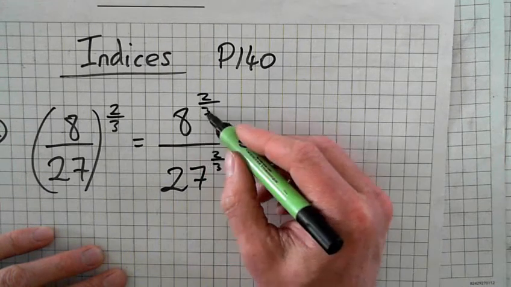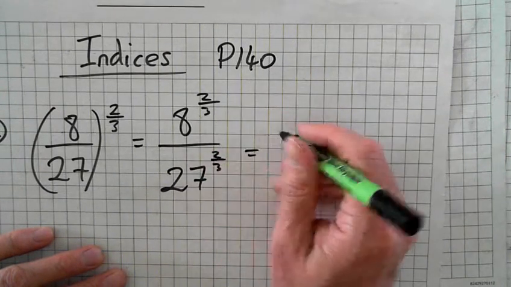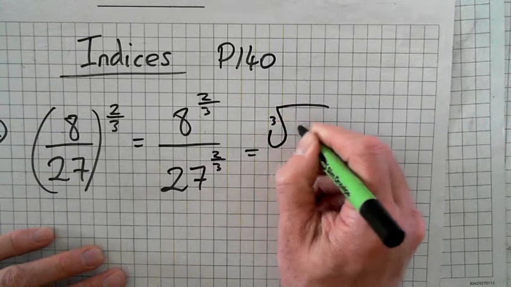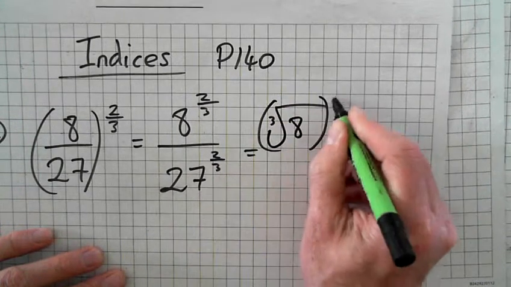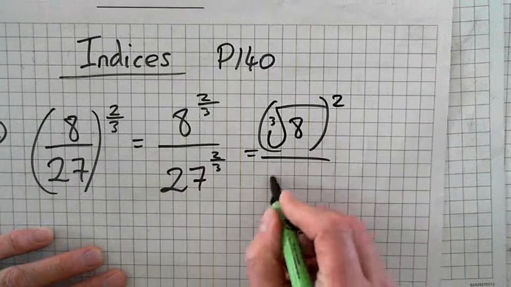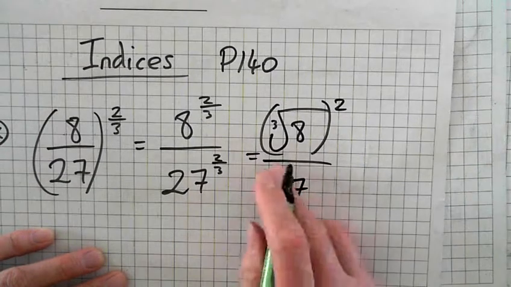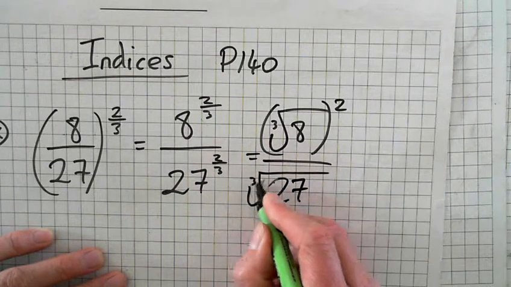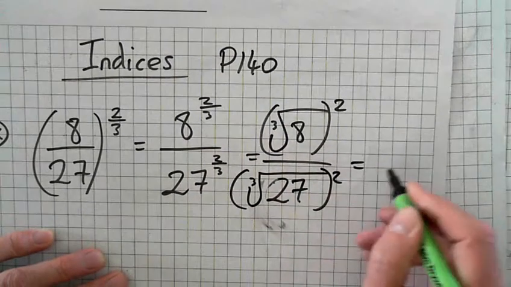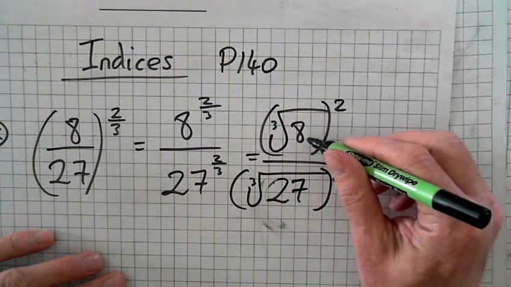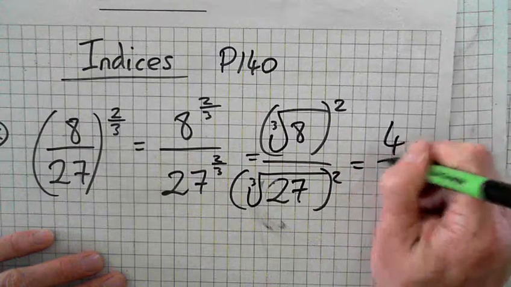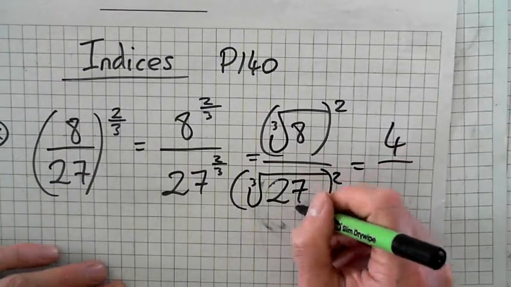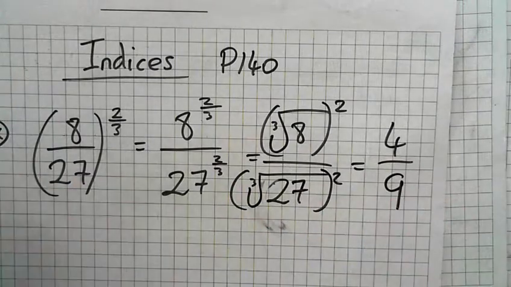What does the 3 mean? Third root of 8, and then your answer, you square it. Down here you get the third root of 27, then you square it. The third root of 8 is 2. 2 squared is 4. Third root of 27 is 3. 3 squared is 9.